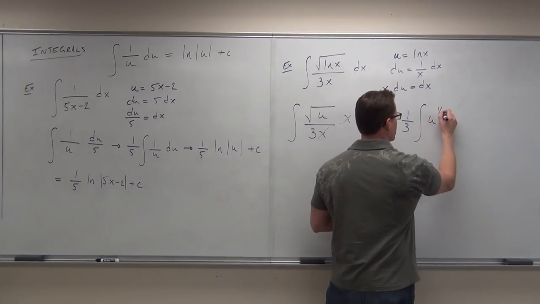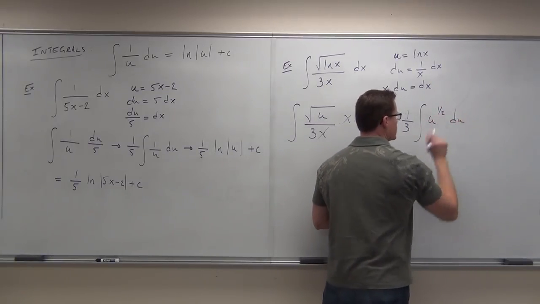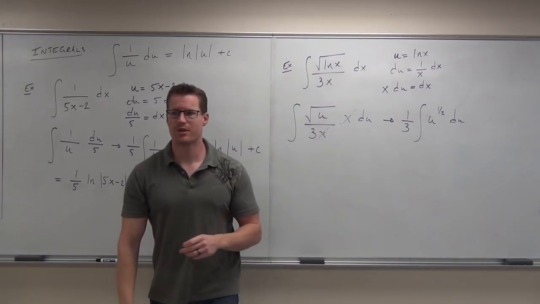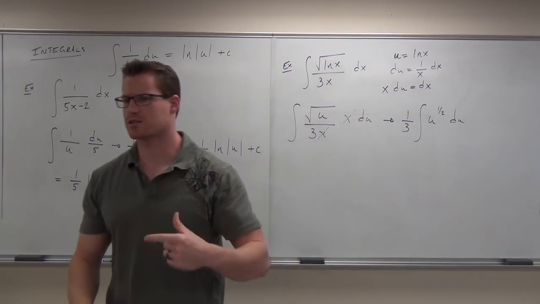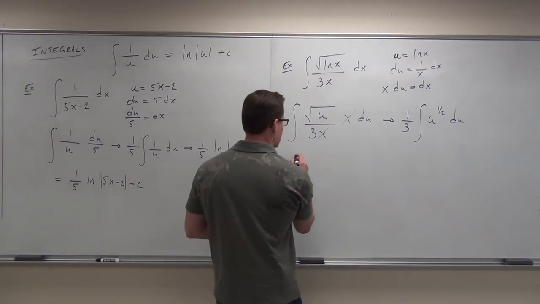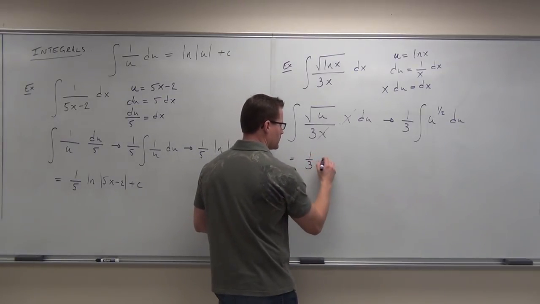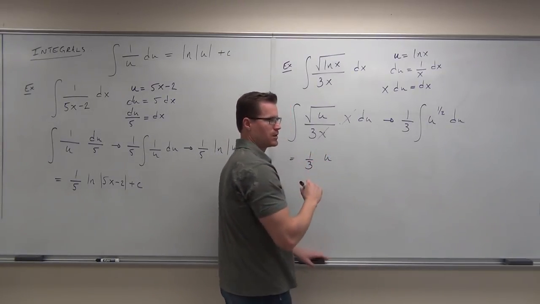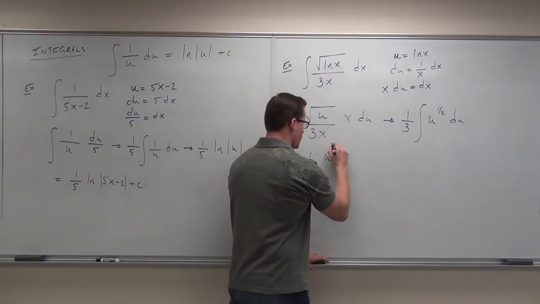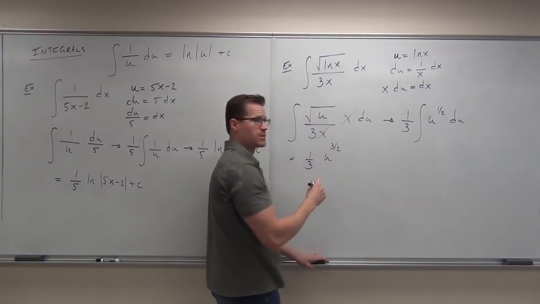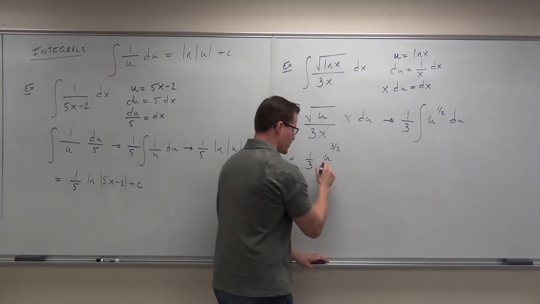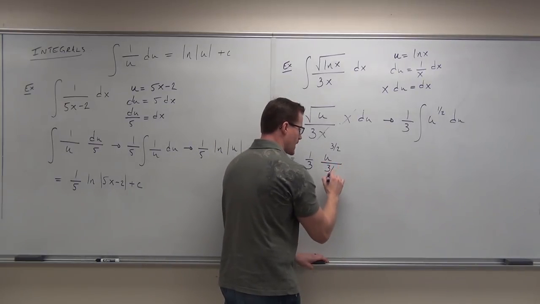We've got u to the 1/2 power du. Be careful when you're doing your integrals, remember that we're always adding one, we're not subtracting, that's a derivative. So when we do our integral here, we got 1/3, no problem. We've got u to the 3/2 times 2/3. Where we're getting the 2/3 from, I'm gonna show it here. This would be over 3/2.